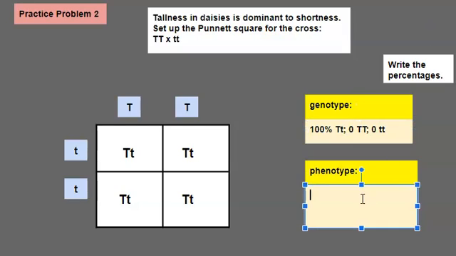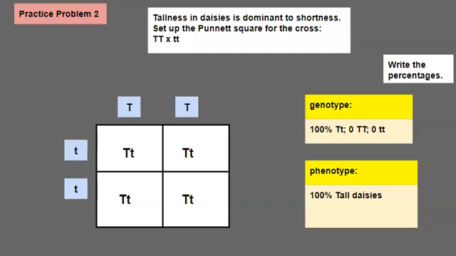So the phenotype is 100% tall daisies. All right, and I know that because big T is a dominant trait. It's the one that will be expressed, which is tallness. So since all the genotypes have a big T, all the genotypes will cause tall daisies.